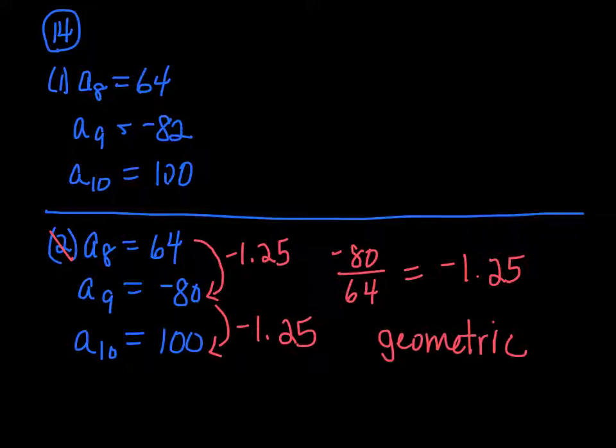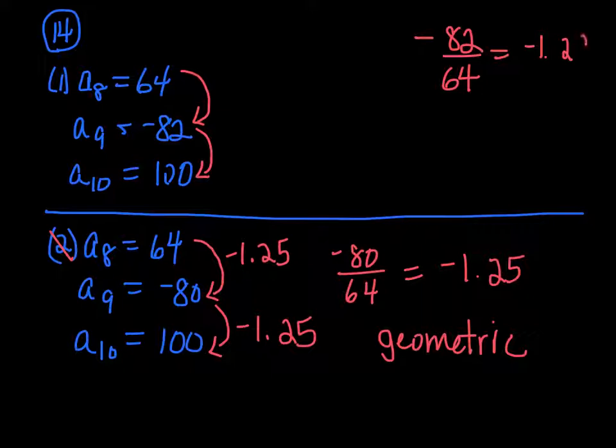Now, with this one, just to show you, I can clearly see I'm going from positive to negative, which I am right here, and then going from negative to positive, so it's got to be geometric. I would do what I did in choice 2 here: negative 82 divided by 64. When I do that, I end up getting negative 1.2813.